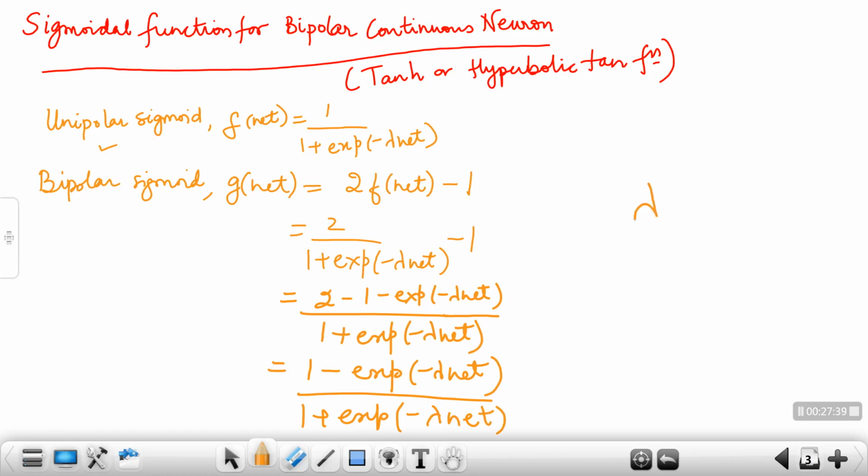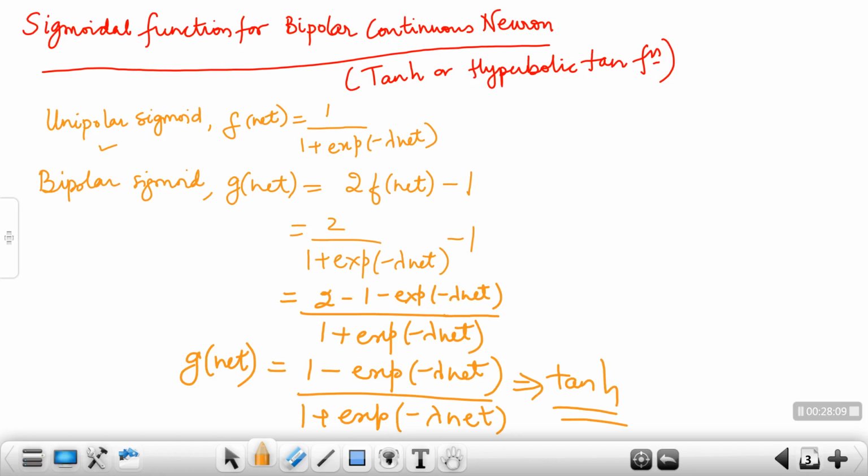All this time I am writing lambda as one term and net as another term. These are two terms. Don't write it as one term. So the final equation of our function g of net is nothing but your tanh hyperbolic function. If you remember from your mathematics, it is of the form of the tanh hyperbolic function.